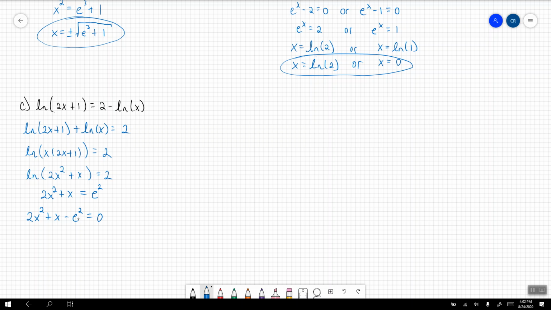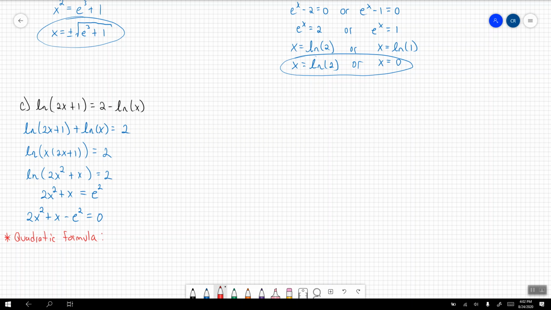Now, e to the power of 2, that's a constant. So what I want to do here is use the quadratic formula. If you don't know the quadratic formula, my suggestion is get used to it. This quadratic formula is here to stay, and we will be using it a lot throughout this course, the next courses that you take, so on and so forth. It's always here to stay.